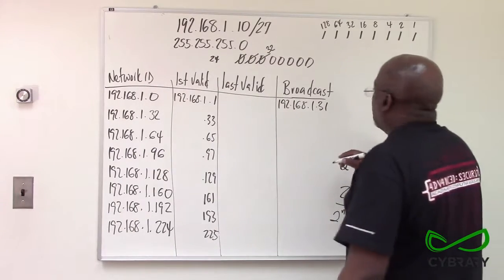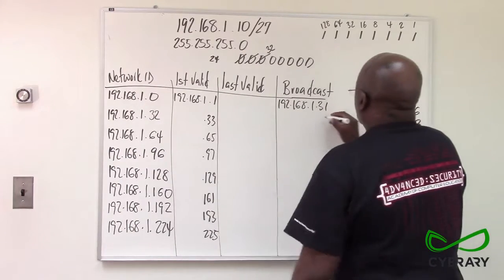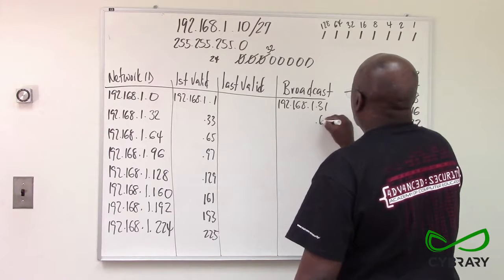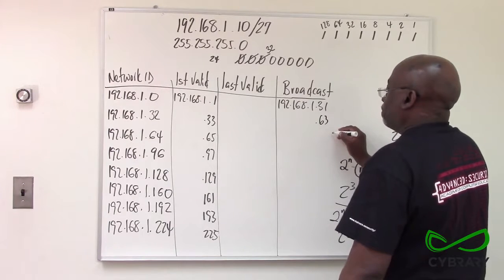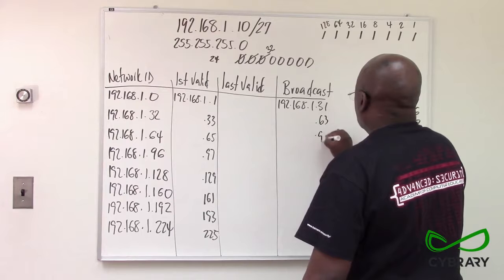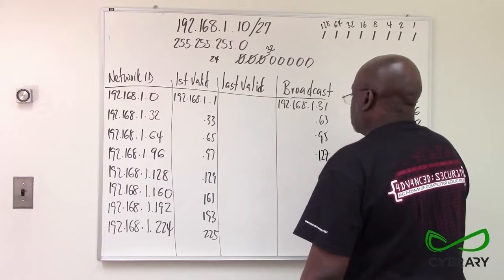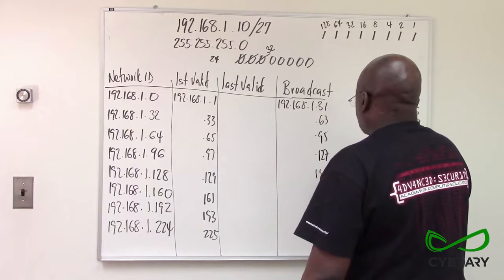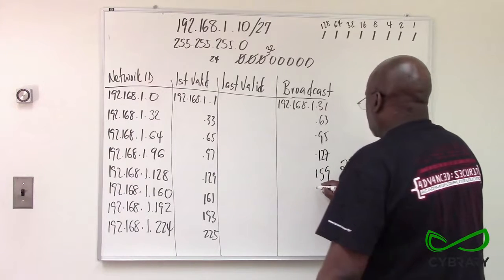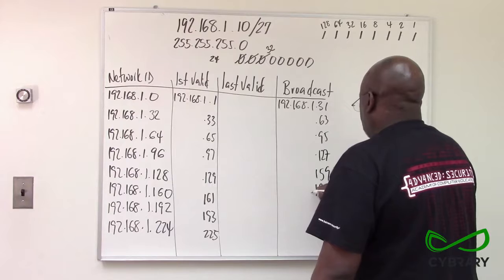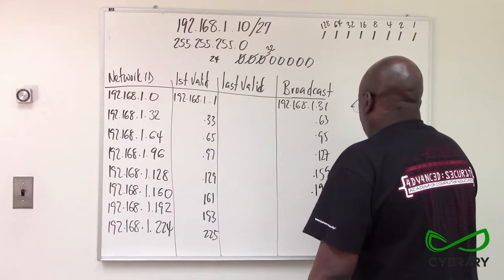So we have 31, 63, 95, 127, 159, 191, 223.